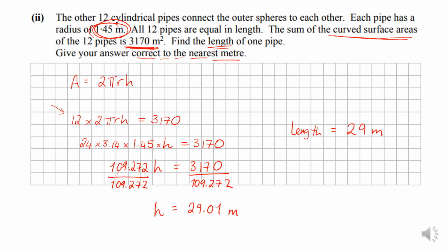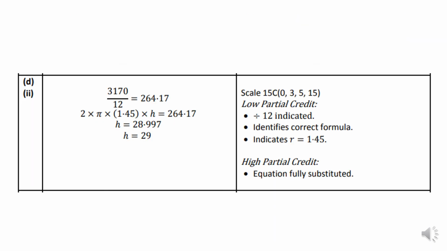Let's check our marking scheme. So yay, we got 29. Okay, very good. Let's look at what we did. Okay, they worked backwards and they found one cylinder first. It's all equal. You get 15 marks for getting it fully correct.